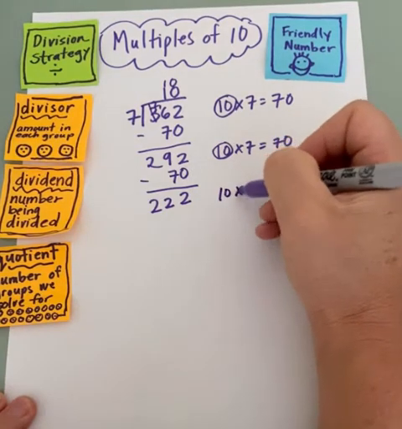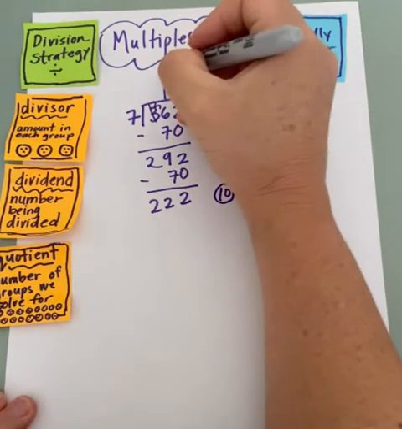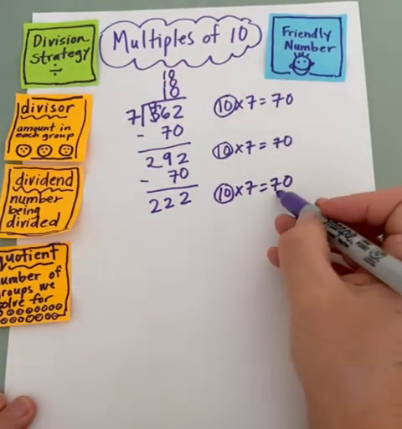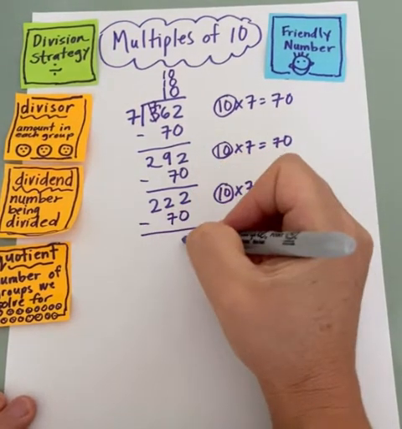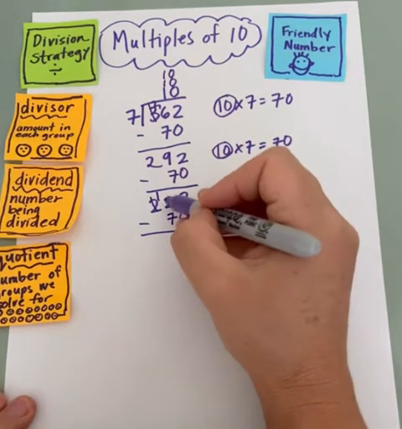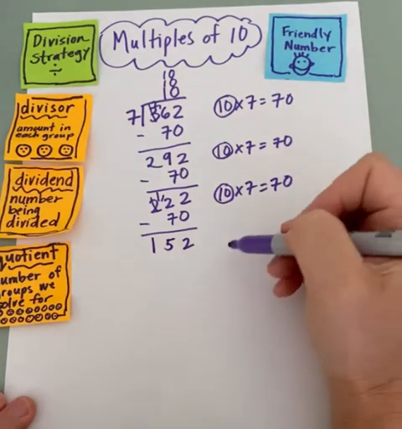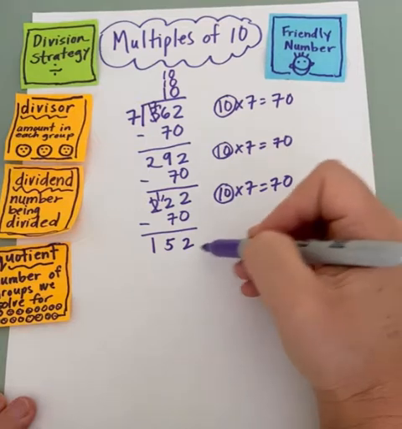Yes. And now we'll take that 10 and we'll add it up here where we're working on finding our quotient. And then we'll subtract 70 from what's left in the total. When we do that, we get 152.